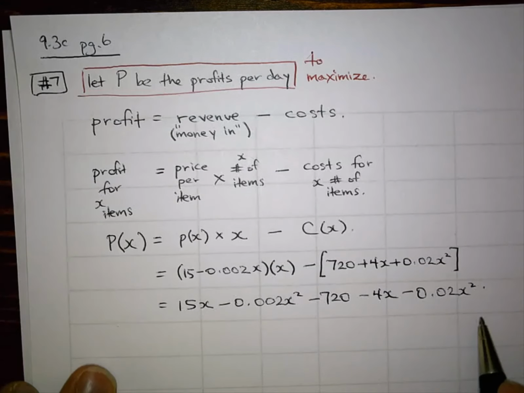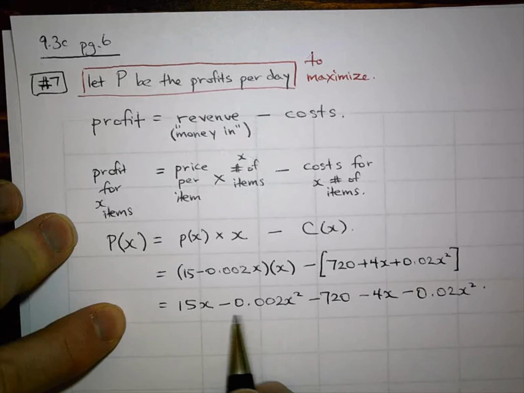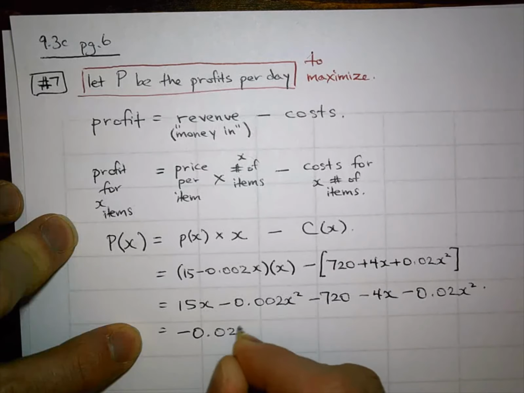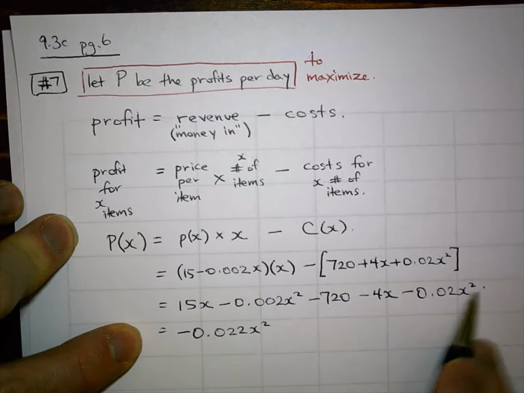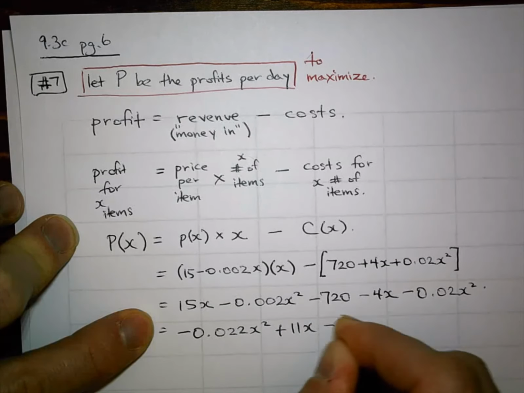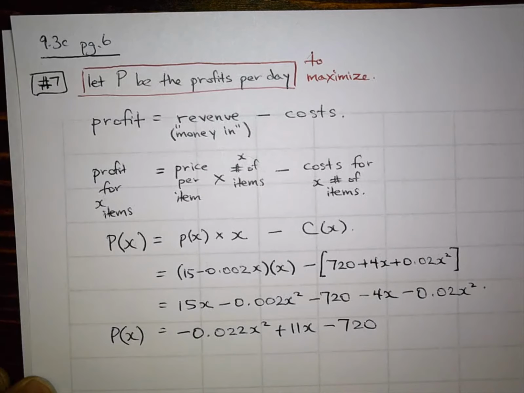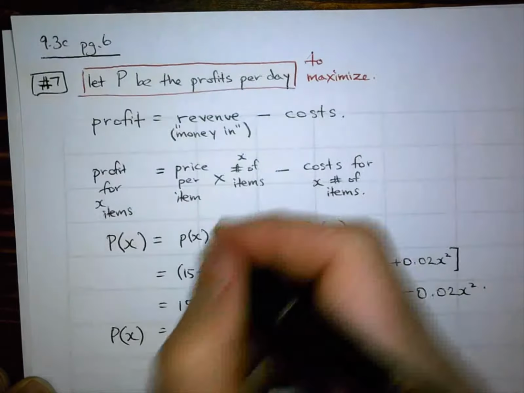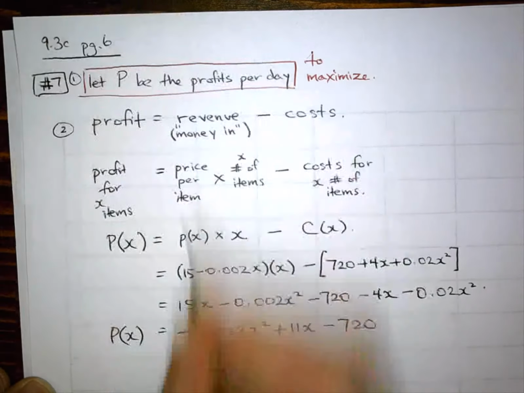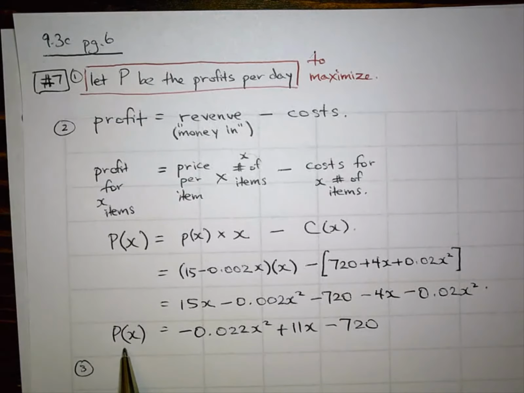Now I should collect my like terms, so I'm going to end up with negative 0.02 minus 0.002, so that's negative 0.022x squared, brought those two together, plus 11x minus 720. So that's my profit function. That would be step 1. So, or actually, this is what, step 2? This was step 1.